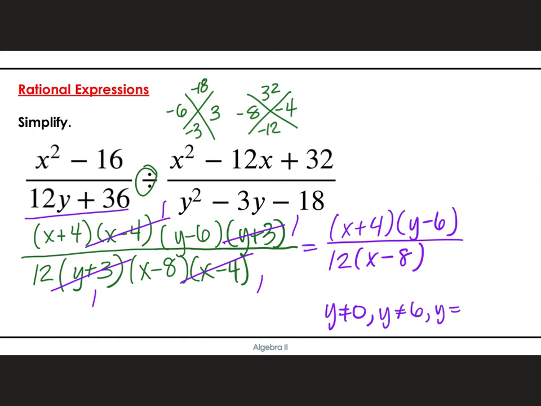And y can't be negative 3. And I got that from knowing that this factored to this right here. And I use those to get my excluded values. It says simplify. If it tells you be sure to include the excluded values, then definitely make sure you do that.